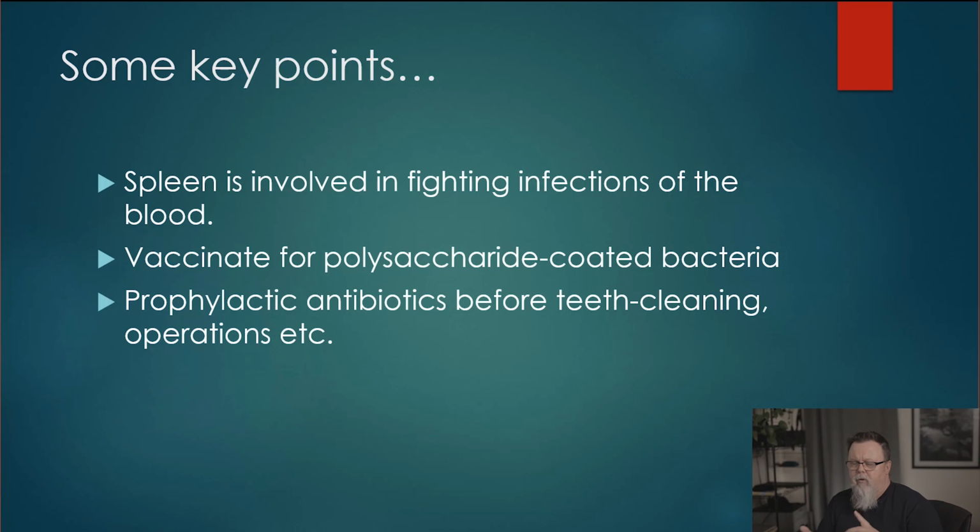And because of that, and because of what was seen earlier, certain bacteria, these polysaccharide-coated bacteria, we actually need a spleen because we need those marginal zone B cells. Since your nephew no longer has a spleen, he no longer has those B cells, so he needs to be vaccinated against those polysaccharide-coated bacteria types.